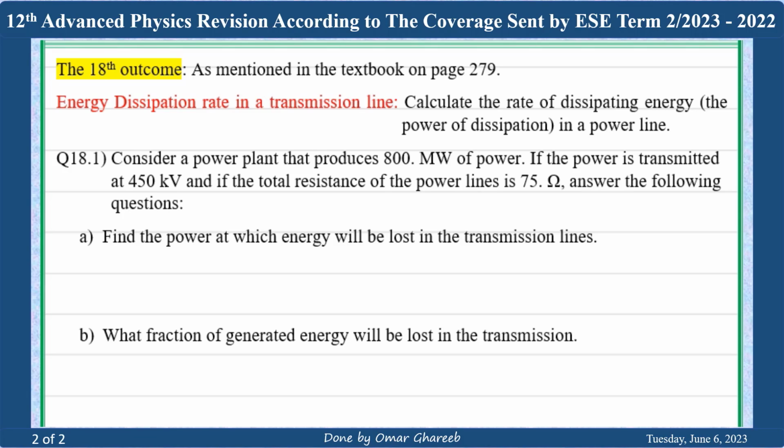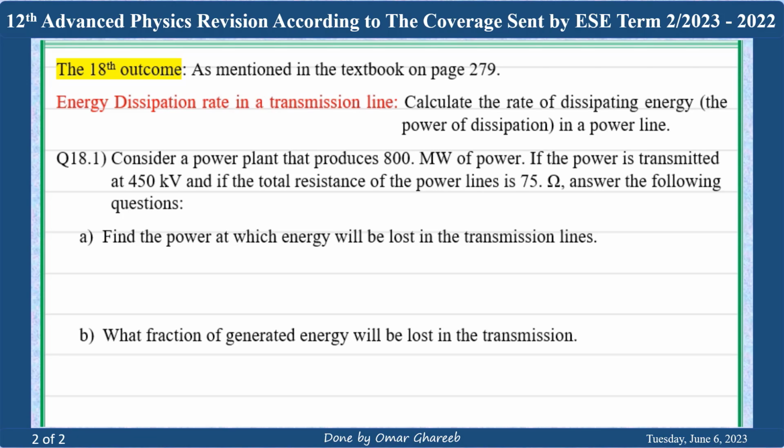Now for outcome number 18, calculate the dissipating energy in the power line. Consider a power plant that produces 800 megawatt of power.